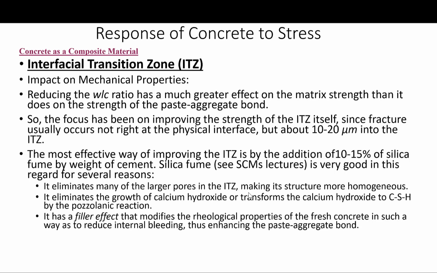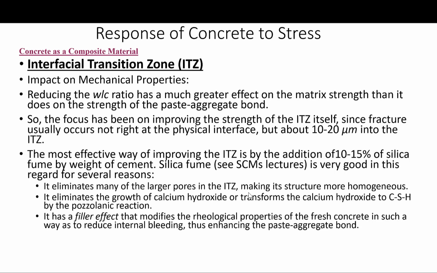So the focus has been on improving the strength of the ITZ itself, since fracture usually occurs not right at the physical interface, but about 10 to 20 microns into the ITZ, away from the aggregate face. So the most effective way of improving the ITZ is the addition of 10 to 15% of silica fume by weight of cement.